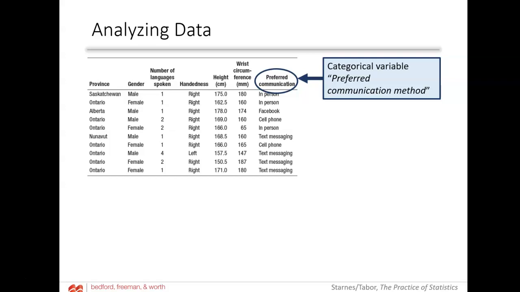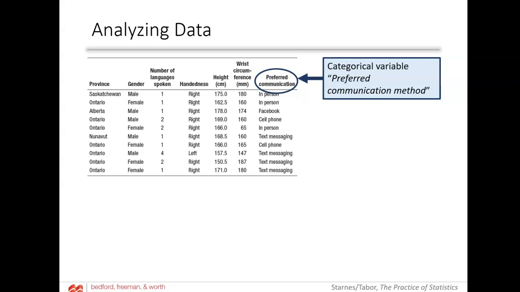And you'll notice, by the way, a lot of our stats data, they do just binary genders, but we now know that there's other facets to that. So just for simplicity's sake, they're sticking to binary genders. Number of languages spoken, whether they are right or left-handed, their height in centimeters, yay metric, and their waist circumference in millimeters, and whether they prefer in-person communication, Facebook, cell phone, or text messages.